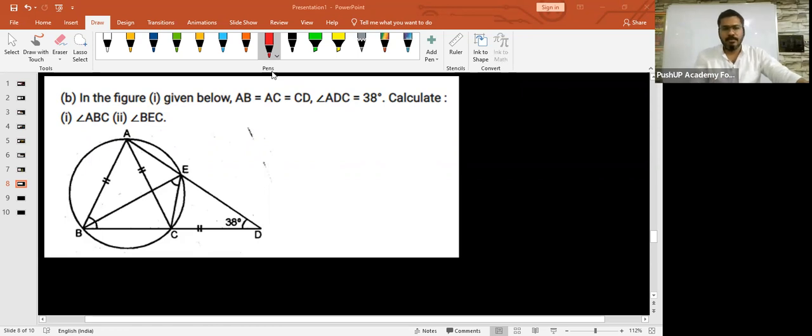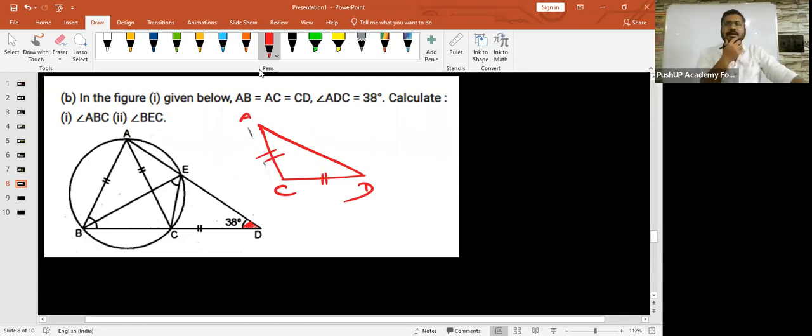Then what? They have given you this angle, 38 degrees. How can we make use of this 38 degrees further? Acha children, did you notice? This triangle ACD is also an isosceles triangle because they have mentioned AC and CD are equal.